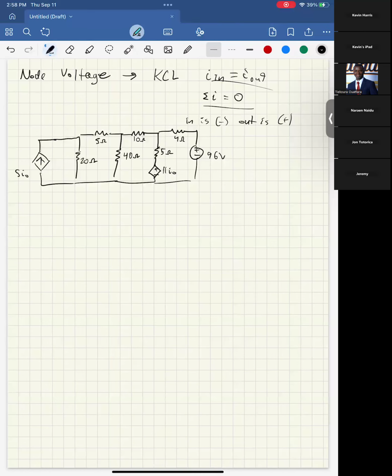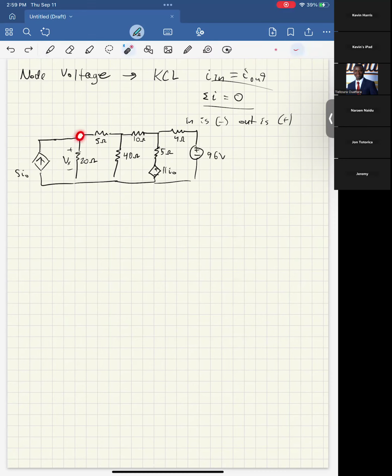So if we have a really big circuit like this, and you were told to find this voltage, there's so many places you could start, and you wouldn't really know what to do. What node voltage is doing is basically saying, okay, we can just look at the nodes where we have actual junctions happening, so that would be nodes where there are three components touching each other.